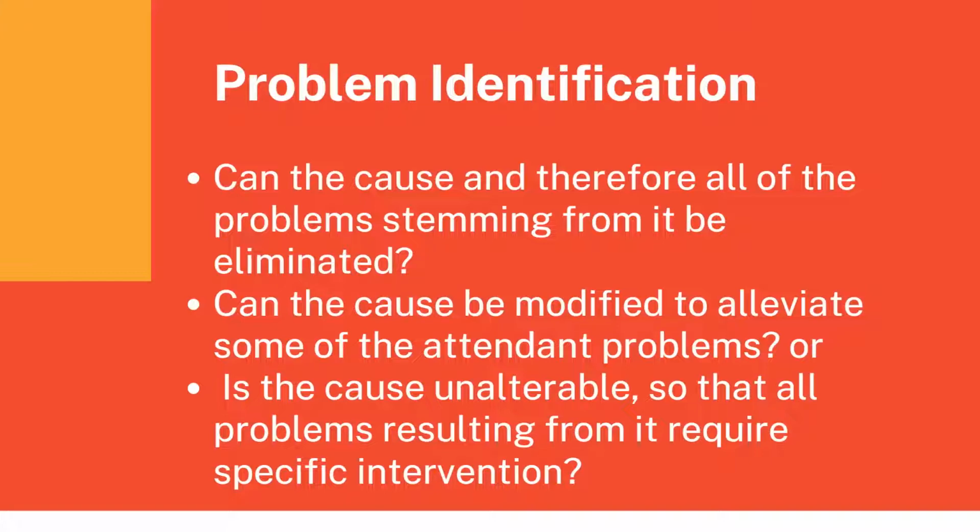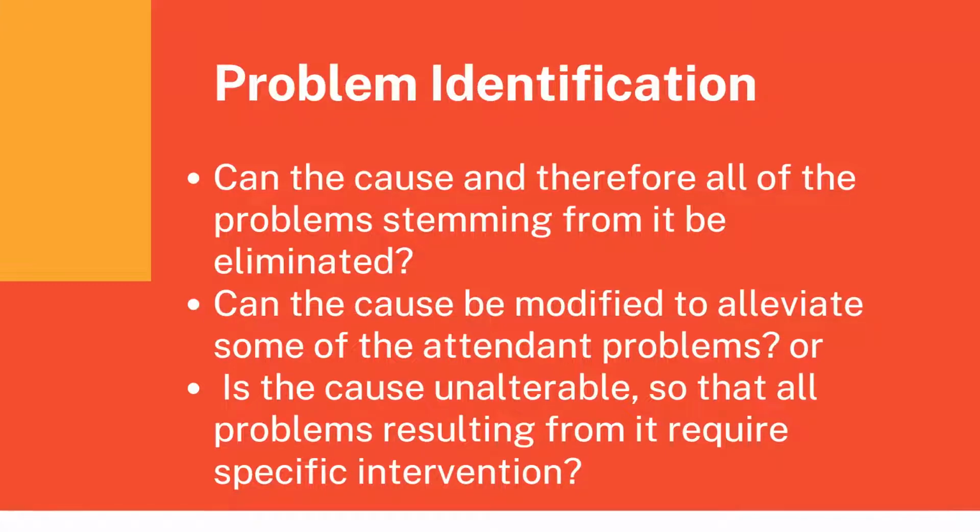If we identify a cause, for instance, like somebody mentioned about diet, somebody that is diabetic without taking medication, what do you think is the cause of the diabetes? Generally, you think the diet is too much carbohydrates. Can the cause of the problem be eliminated?